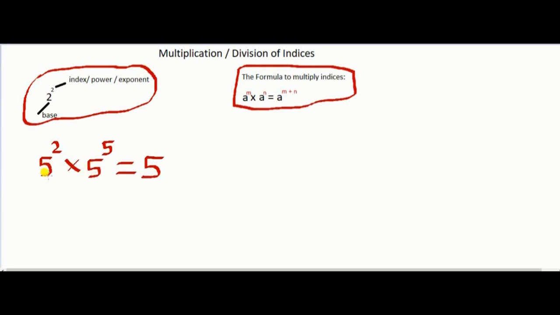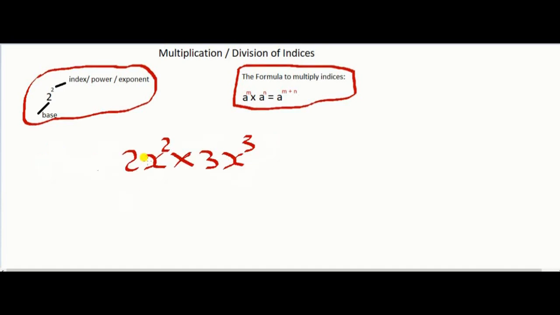So we know that we have 5 for the base. For the power or the exponent, we should just add them. So we have 2 plus 5, and this should give us 7. So we have the base, which is 5, and 7. So our answer is 5 to the 7th power.